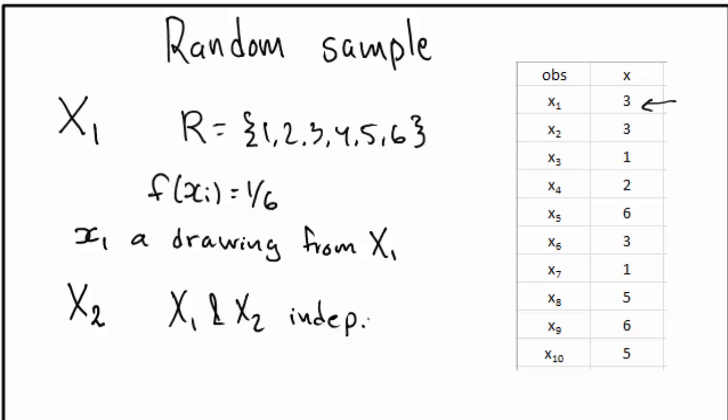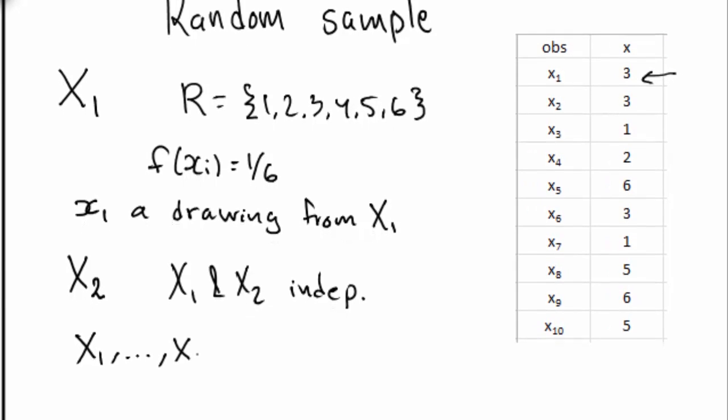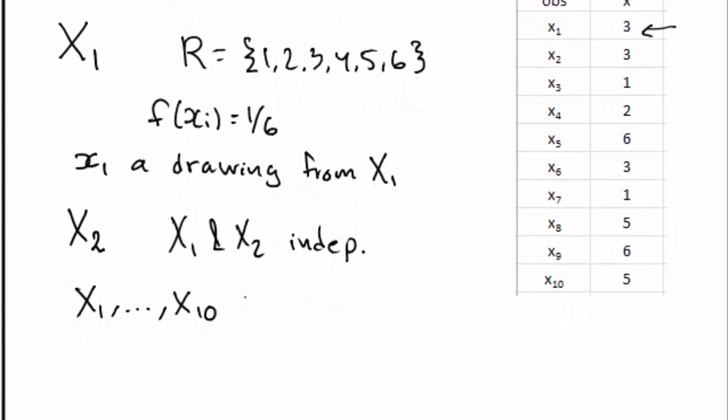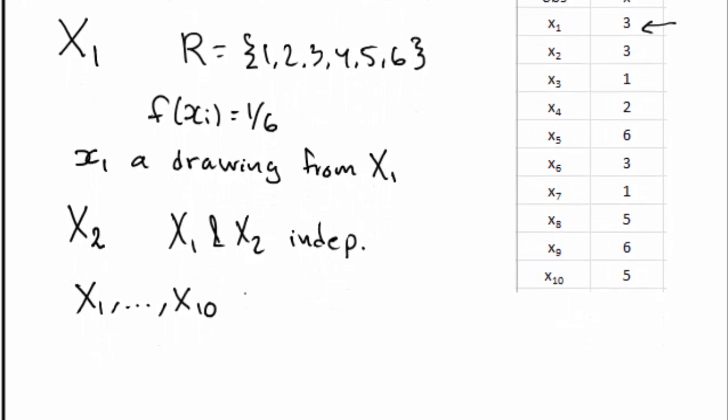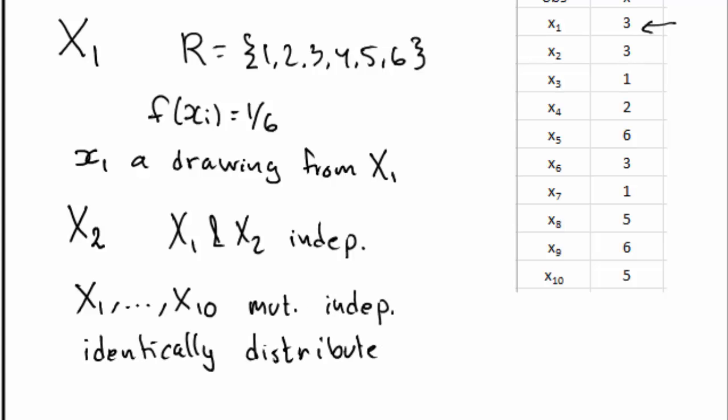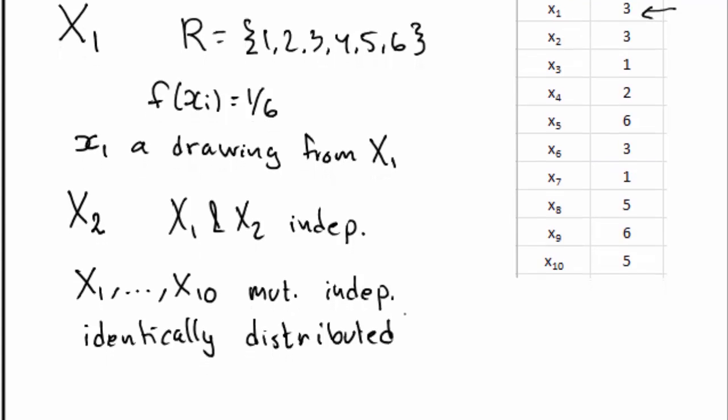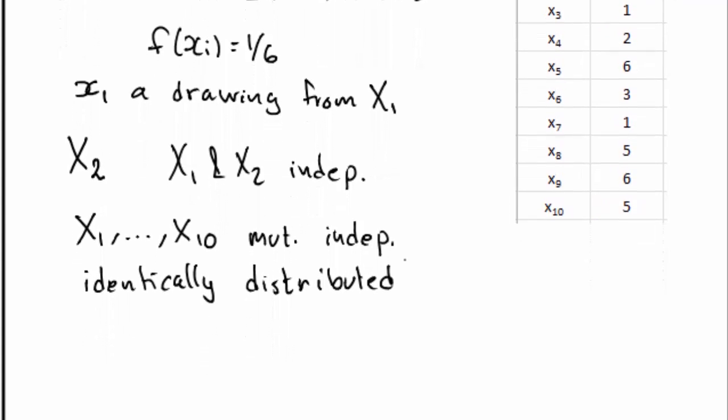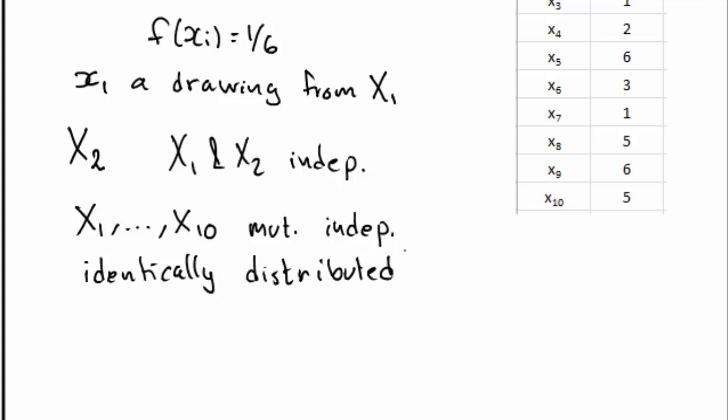I continue in the same manner, so I end up defining 10 random variables from X1 through X10, all of them being mutually independent and all of them being identically distributed, exactly the same distribution as the one I specified for X1.